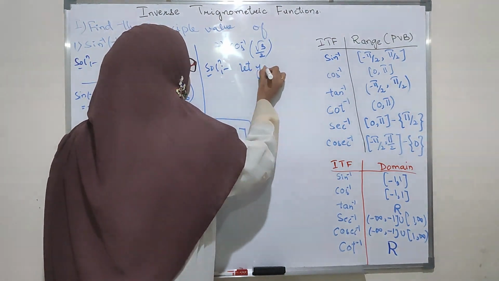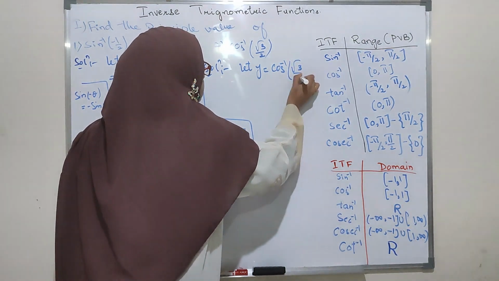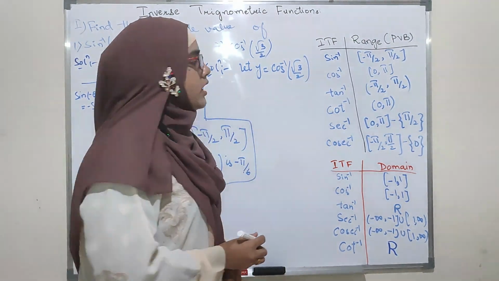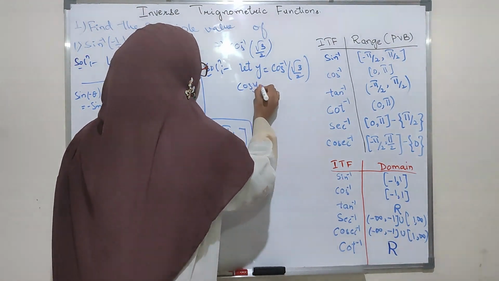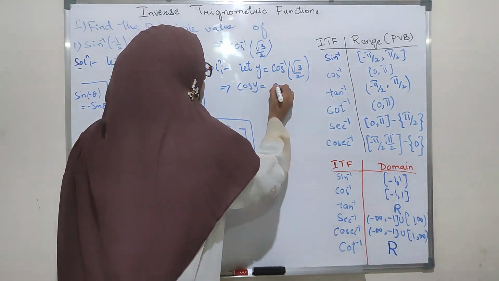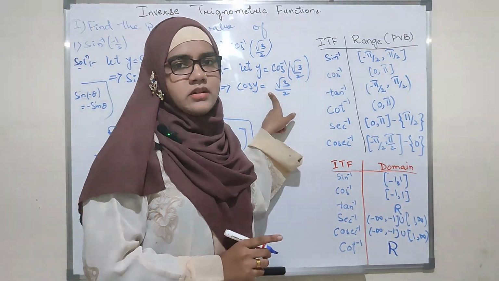Now for the second one, we take the solution. Let y is equal to cos inverse of root 3 by 2. If we take this cos, it goes into the numerator. Cos y is equal to root 3 by 2. Again, we have to check root 3 by 2 in the cos table.